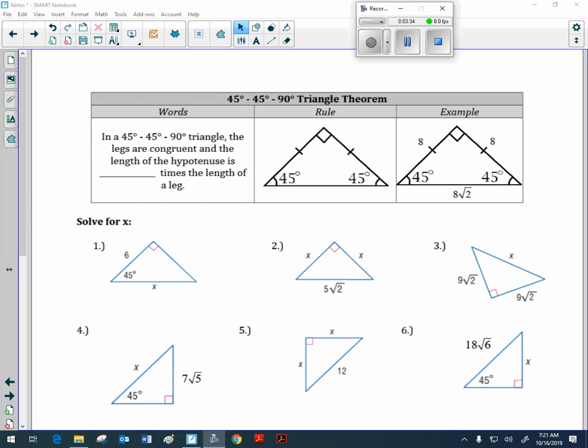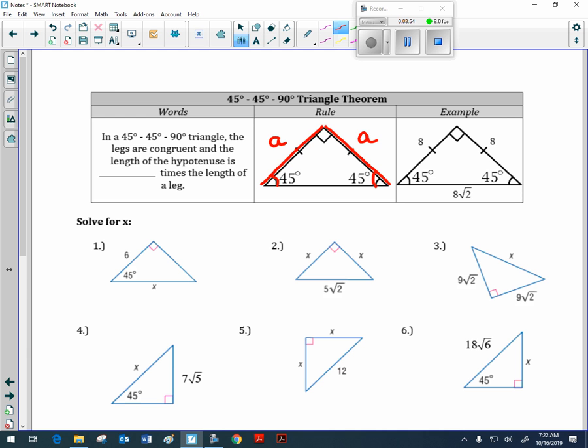And in the text box that you see here, they have a 45, 45, 90 triangle drawn. And we already know that if two angles are equal, the sides across from them have to be equal. So whatever one of them is, let's call it A, the other one has to be A also.